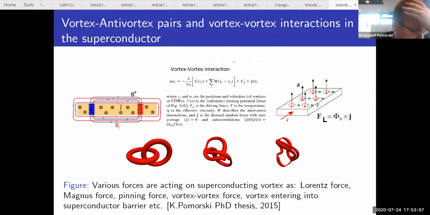There is a so-called hydrodynamic analogy with the flow of a ball in a liquid. The vortex core is like a normal core, like a ball, an object in the normal phase surrounded by the superfluid phase.